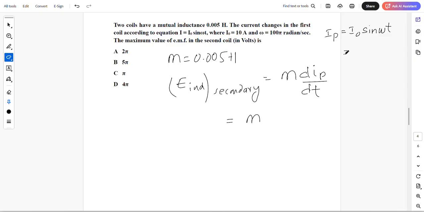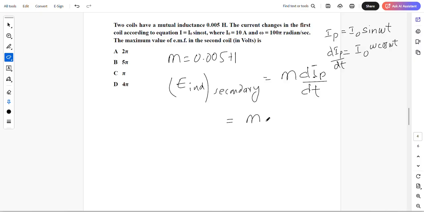That is equal to dIP by dt, and I naught times the differentiation of sin omega t, which is omega cos omega t.